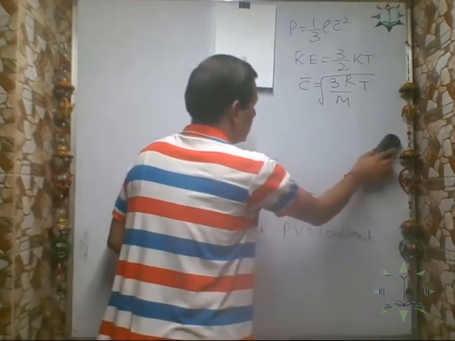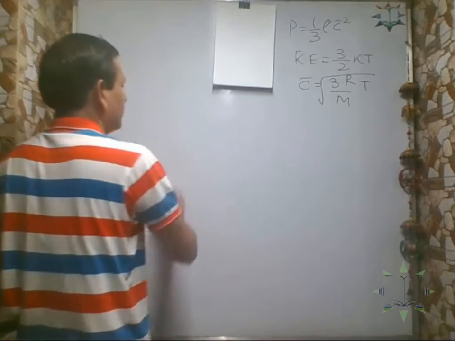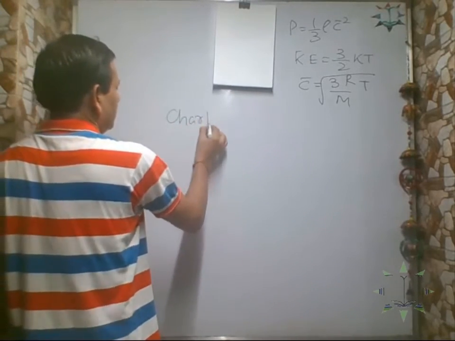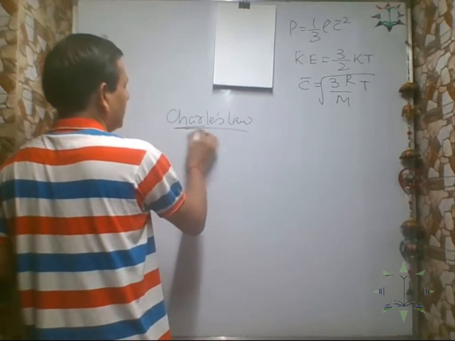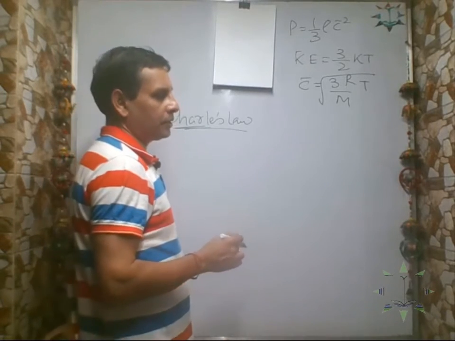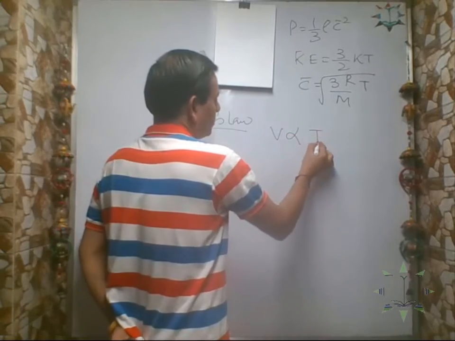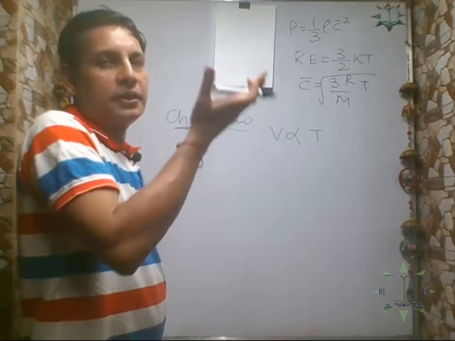Now let us see what Charles' law is. Charles' law operates at constant pressure. If the pressure is constant, then the volume of the gas is proportional to the temperature. If you increase the temperature, the volume will increase.